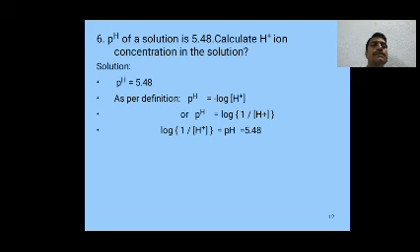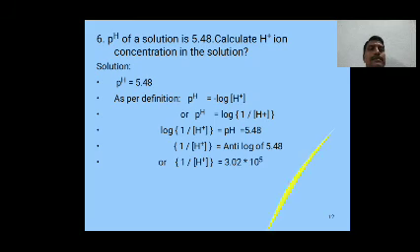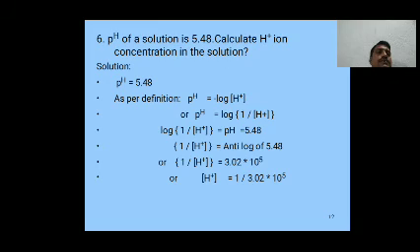Therefore, 1 by H+ ion concentration is equal to the antilog of 5.48, that is equal to 3.02 × 10^5. H+ ion concentration is equal to 1 by 3.02 × 10^5, that is equal to 3.311 × 10^-6 moles per liter.